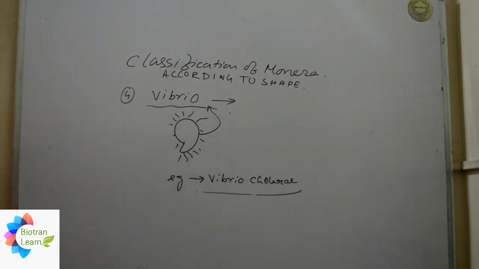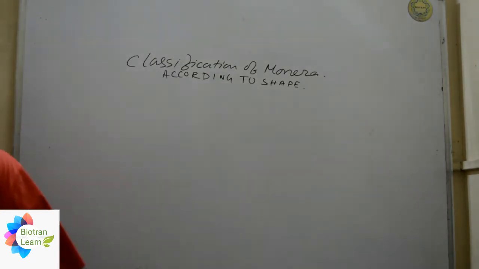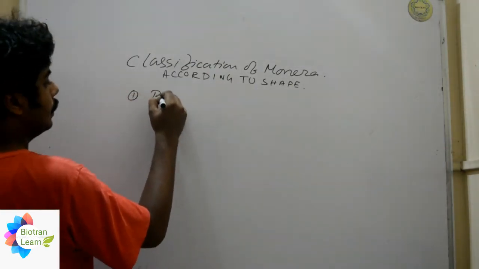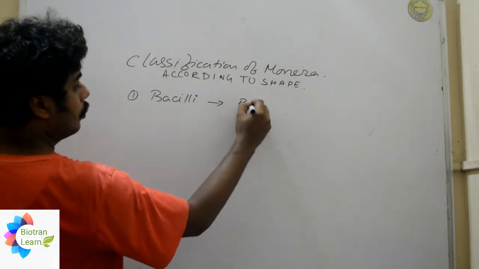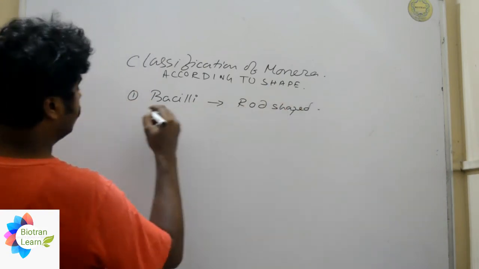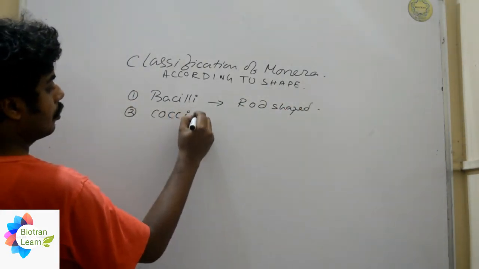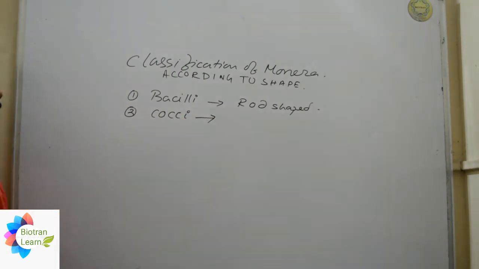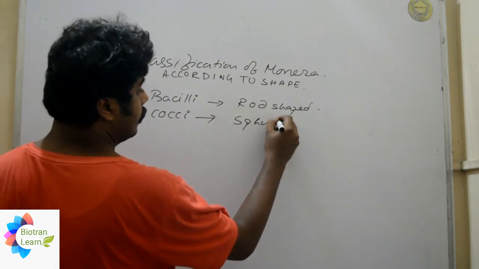So let's recap for a second again. What are the four types? Number one, bacillus or bacilli, rod shaped. Number two, coccus or cocci, that will be spherical, three-dimensional spheres, right?